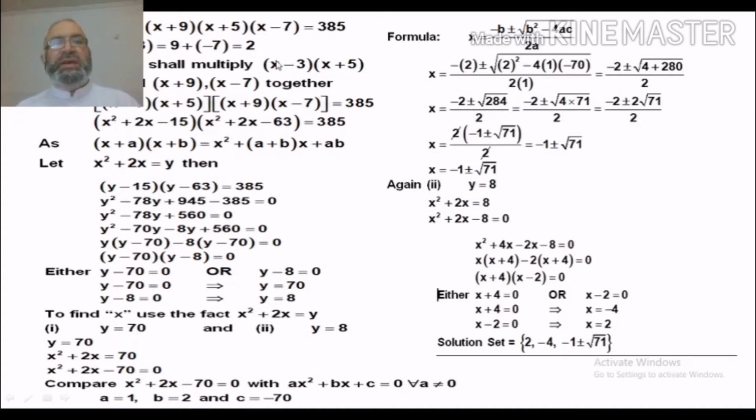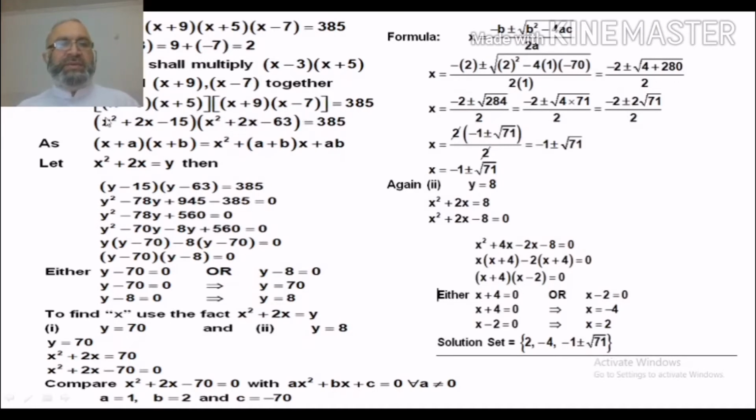These two, combining the two factors such that the sum of the constants of the first two factors is equal to the sum of the constants of the next two factors. Therefore, combining these by rearranging (x minus 3)(x plus 5), and the next combination (x plus 9)(x minus 7). So look at these two factors.